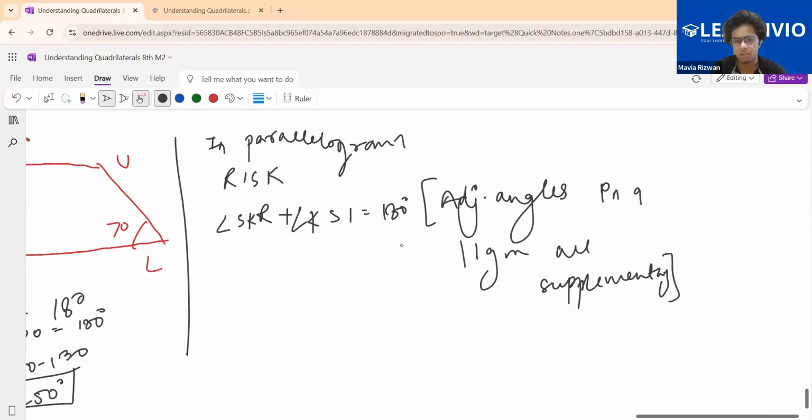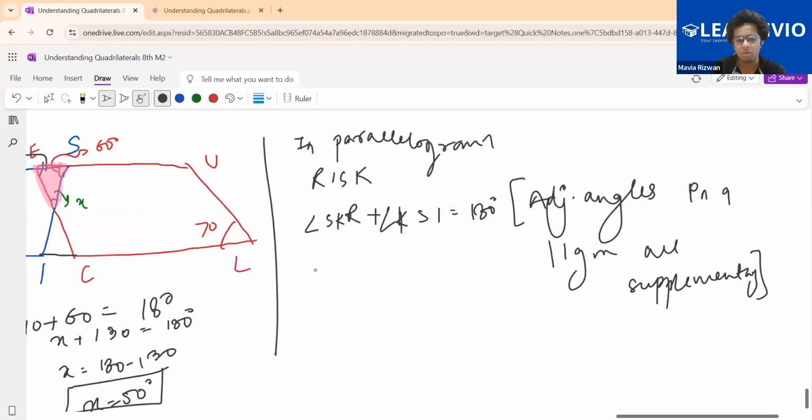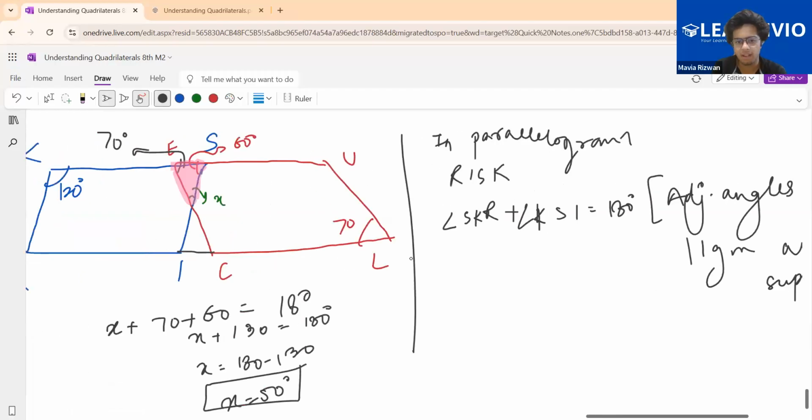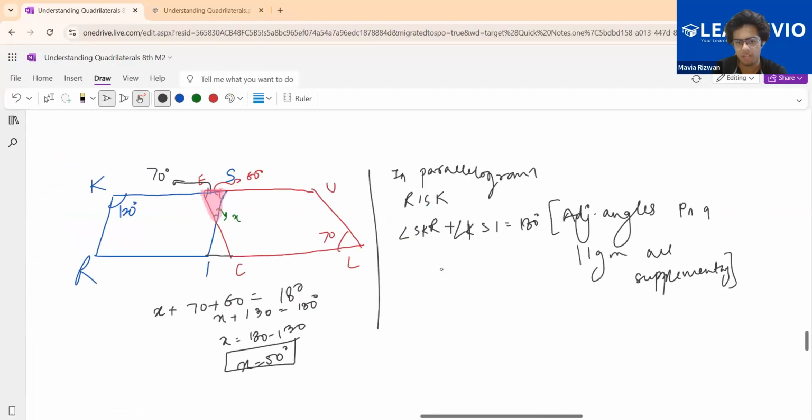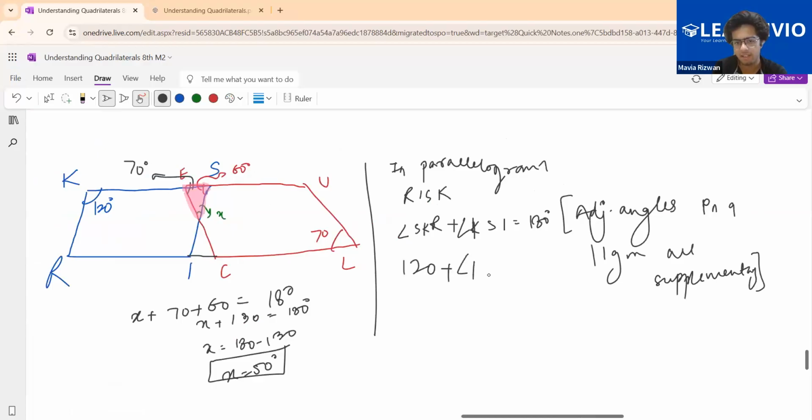Now angle SKR was 120, so 120 plus angle KSI is equal to 180. So angle KSI is 180 minus 120, that is 60 degrees. So angle KSI is equal to 60 degrees.